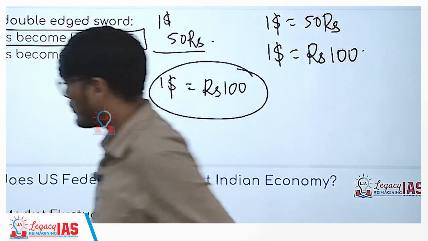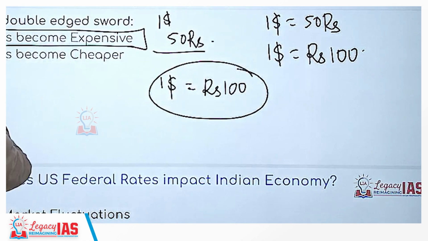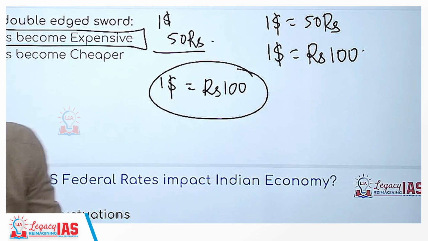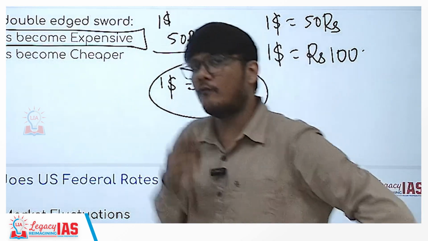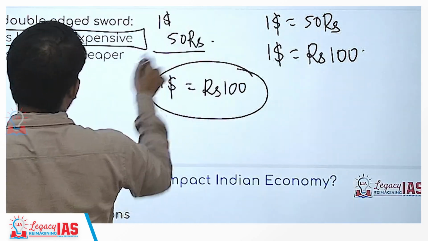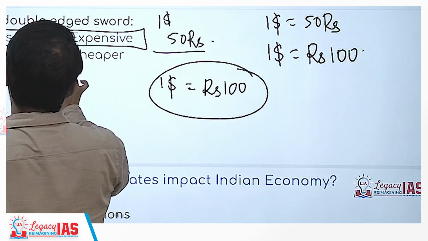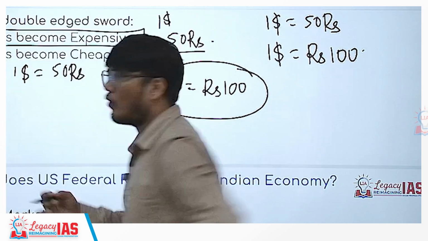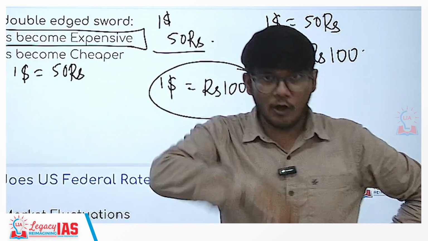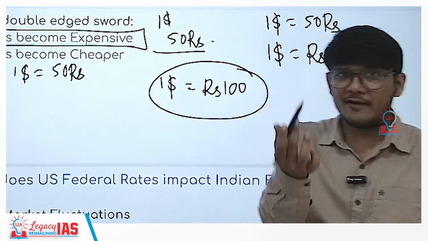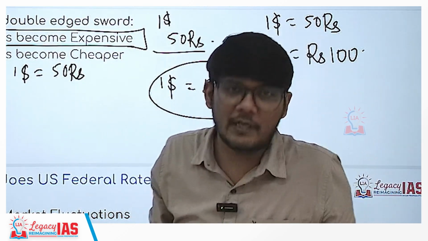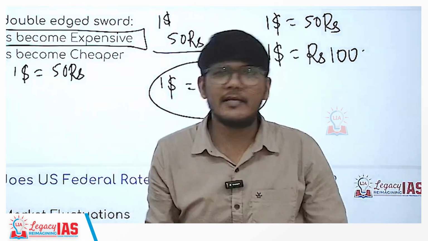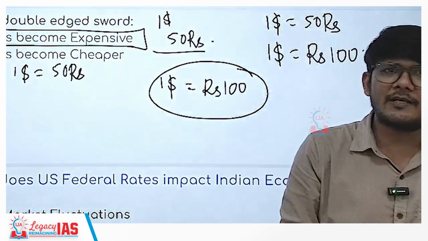Why are exports cheaper? Now let's say a USA citizen wanted to buy this pen, which was made out of 50 rupees. Earlier $1 was 50 rupees, so to get one pen you had to give $1 away. Now even if the exchange rate is different, the pen will still be made for 50 rupees, because it's the exchange rate that has changed. Internally in the Indian economy, the value of the rupee is the same.